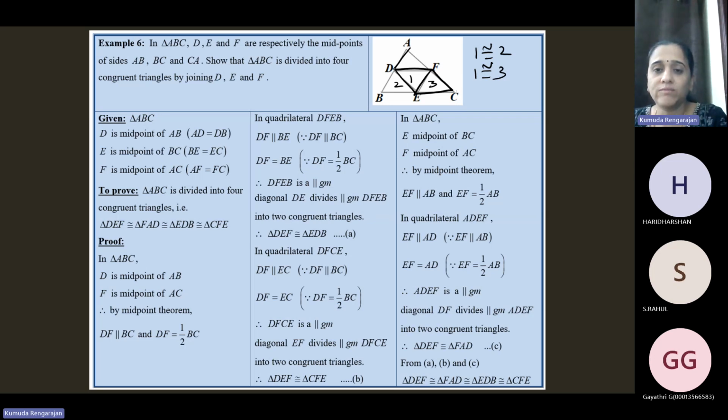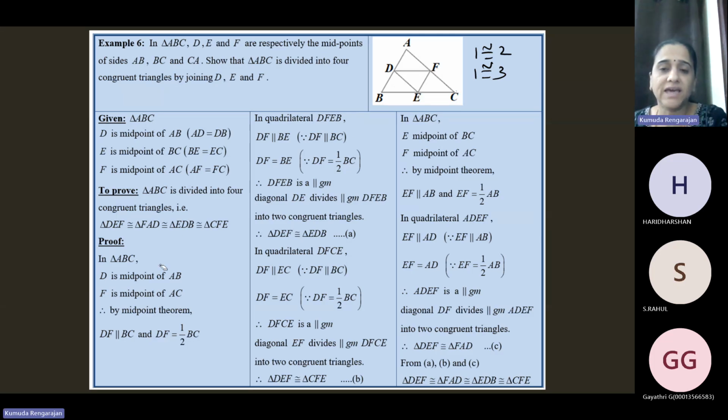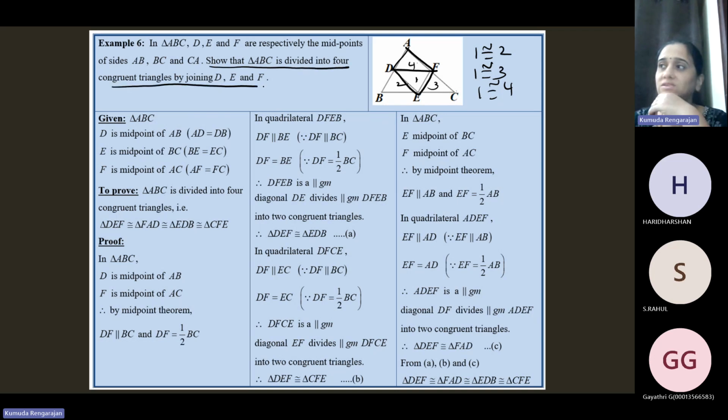And then you would have proved that this is also a parallelogram, so the diagonal DF divides this parallelogram into two congruent triangles. So 1 is congruent to 4. Like this, 1 is congruent to each of the other triangles. So all four triangles are congruent to one another. And that's what we have to prove here: show that triangle ABC is divided into four congruent triangles by joining D, E, and F.